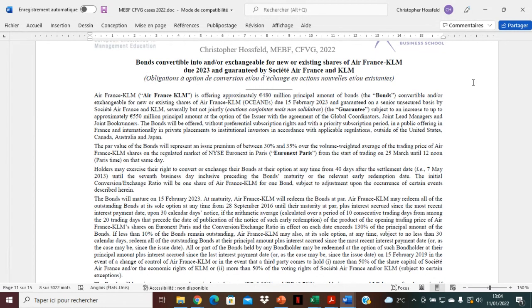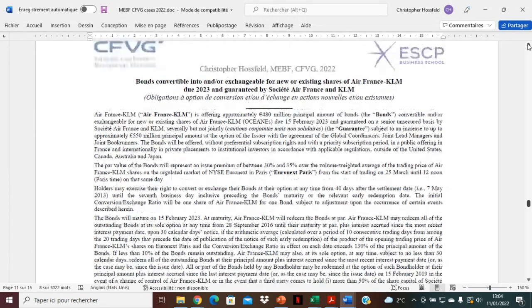What I posted here in the Word document is just an excerpt of the executive summary of this document. Okay, and here we have the first instrument. It's a convertible bond that can be exchanged into new or existing shares of Air France.